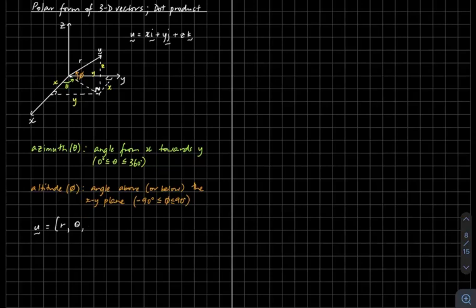So that's always the order in which we express them. It's always the magnitude, then the azimuth, then the altitude. Important to know that because there's 2 angles. And of course u could also be xi plus yj plus zk. We've already written that above. So let's write it here in column vector form. So there's our component form, our polar form, and we need to be able to convert between those.